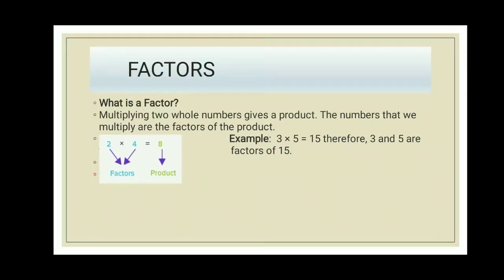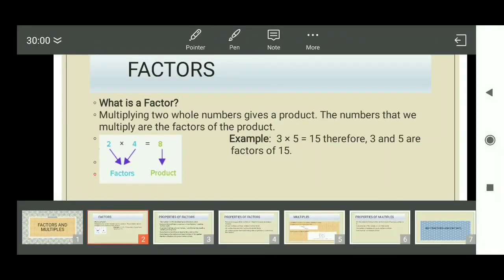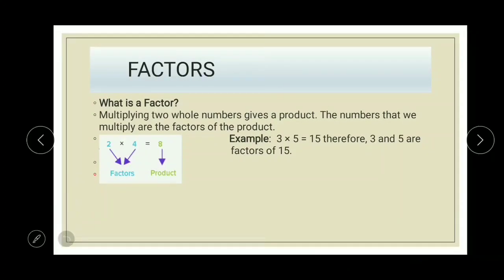What is called a factor? A factor is such a number which can divide a specific number exactly. Exactly means there will be no remainder if we divide that specific number by a factor. Suppose we are multiplying 3 and 5 here.